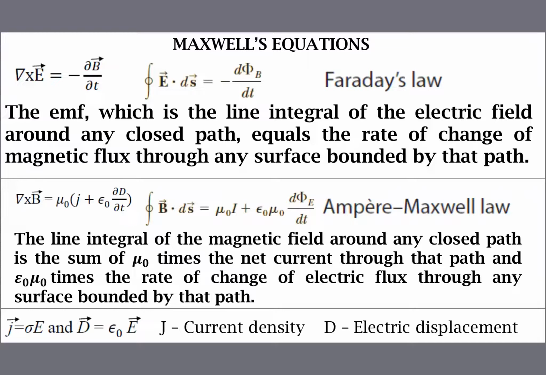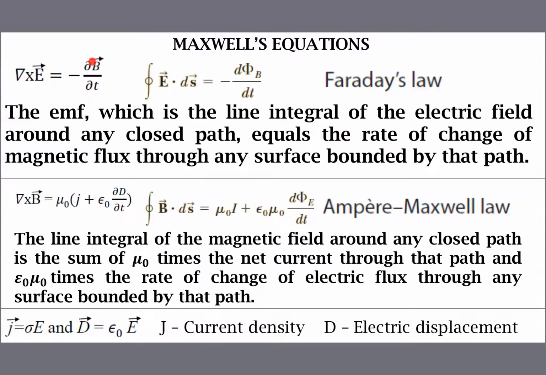One consequence of Faraday's law is the current induced in the conducting loop placed in the time varying magnetic field. You must have learned in secondary school that Faraday's law says that the rate of change of magnetic flux is directly proportional to the induced EMF. That is what we have here.